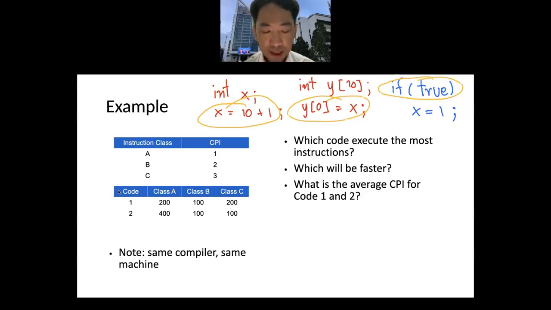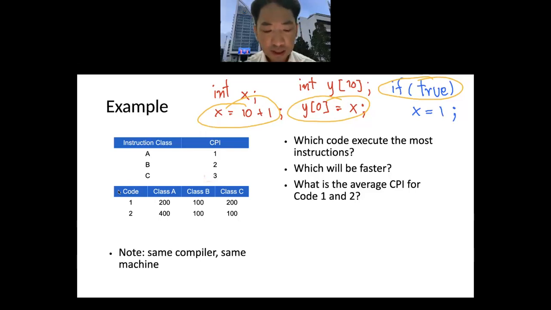But first, let's say that we have 3 classes of instruction, and each class has a different CPI. Class A has CPI equal to 1, B has CPI equal to 2, and class C has CPI equal to 3.